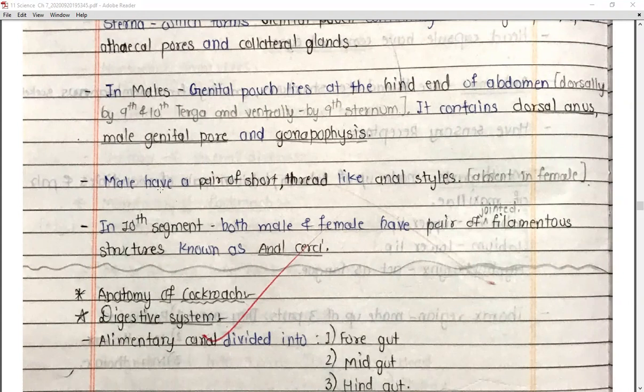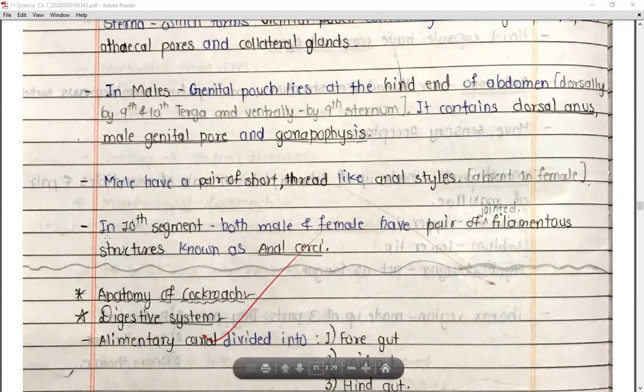If the anal styles, the comparatively short thread-like structures, are present, then that cockroach is a male. But if they are not present, then it is a female, right? So in males, there is the anal style as well as the anal cerci. But females possess only the anal cerci, right?